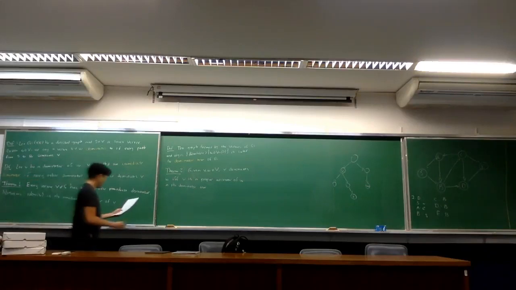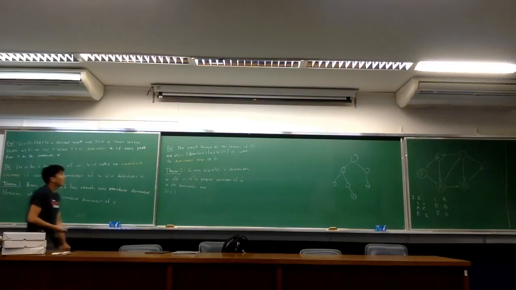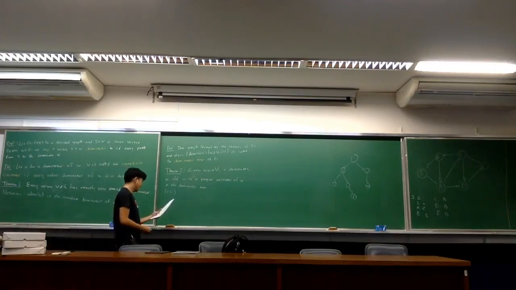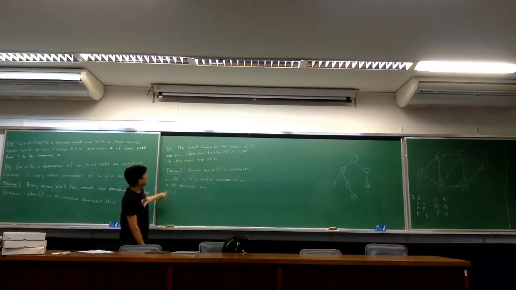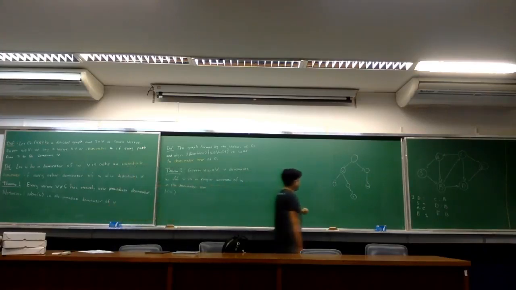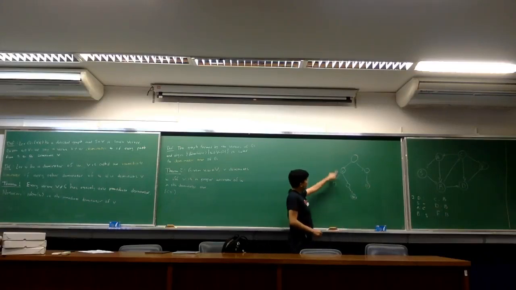Okay, let's prove this theorem first. The converse is trivial. The converse is: if V is a proper ancestor of W, then V dominates W. So we have to prove that V dominates W. But V is the immediate dominator of this guy, and by definition, an immediate dominator also dominates.